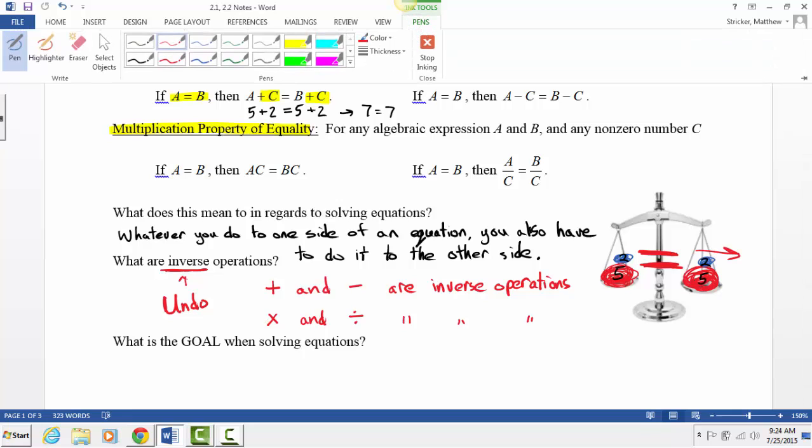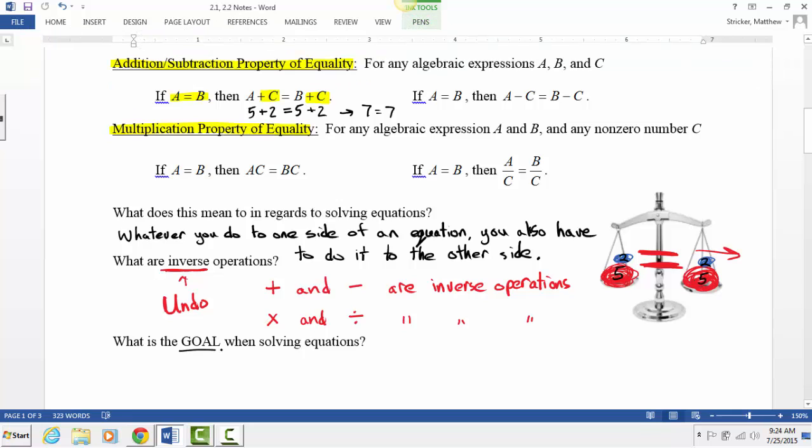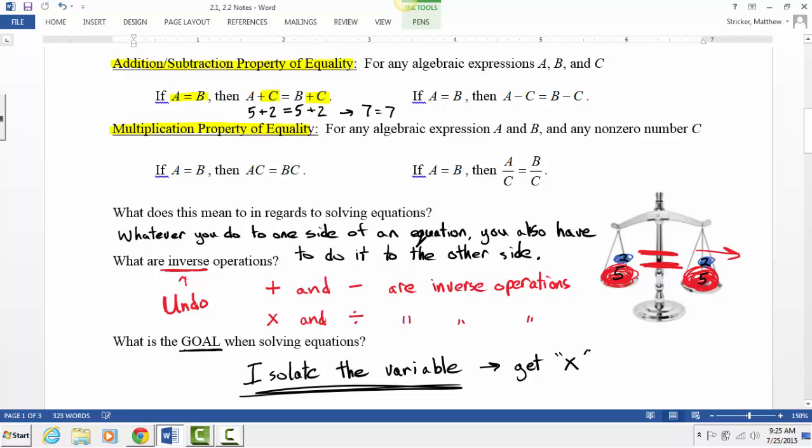So, just to sum it up, the goal when solving equations is to isolate the variable. What does isolate mean? Get x by itself.